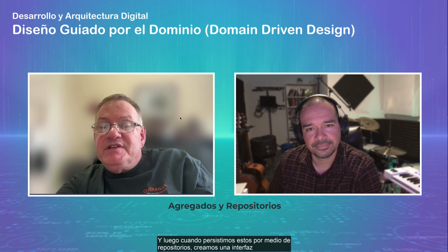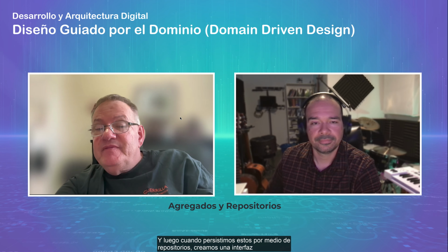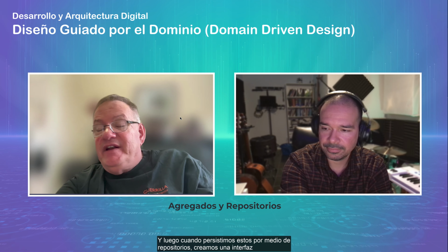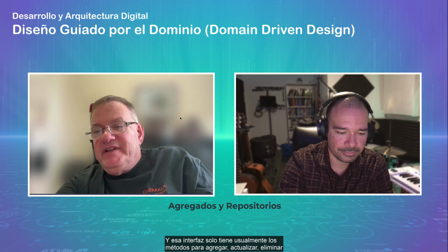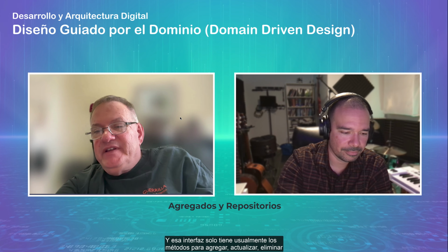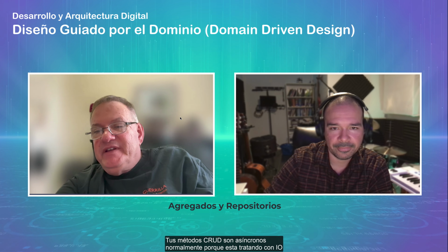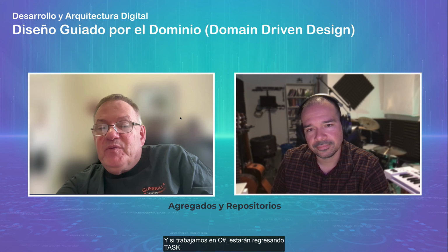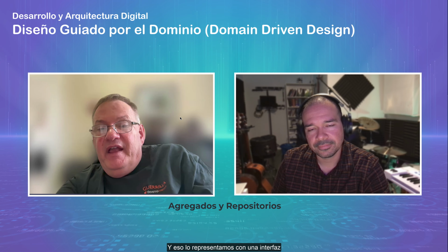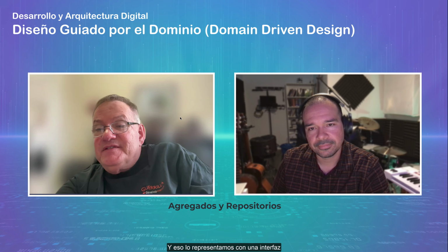And then when it comes to persisting those through a repository, that's where you create an interface, and that interface usually has methods: add, remove, update, delete. All your CRUD methods, they're asynchronous normally because you're dealing with I/O, and so they're usually going to return tasks if you're working in C#, and you represent that with an interface.